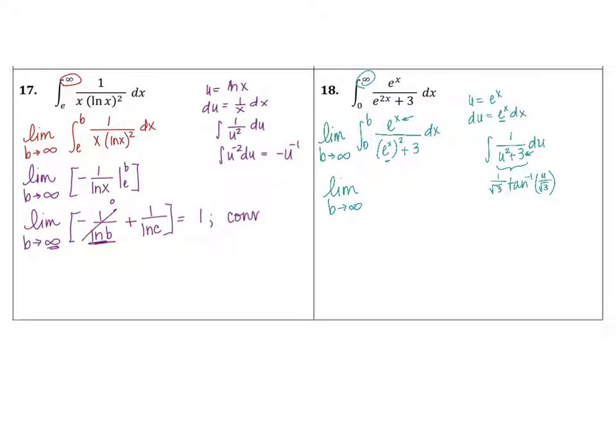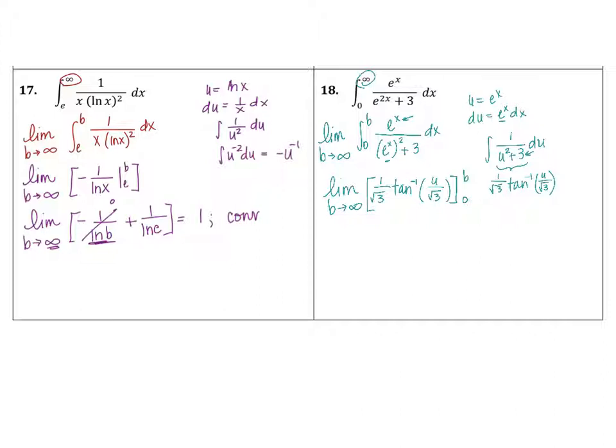Now those 3's were not there in previous problems because everything we looked at had a 1 there. It wasn't a 3. So when I come back over here, I'm evaluating that limit as b approaches infinity of 1 over root 3, and then we have inverse tangent of u over root 3, and then that is going to be evaluated from 0 to b. So I'm going to go back in and plug in those b values.